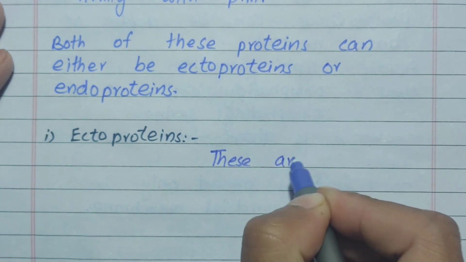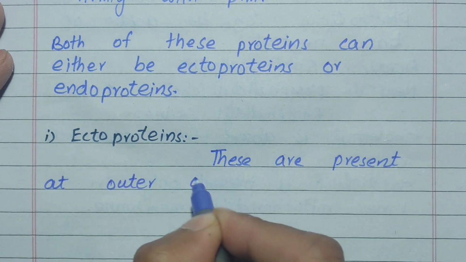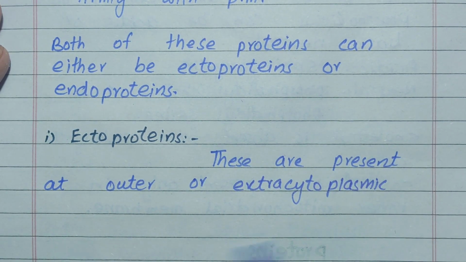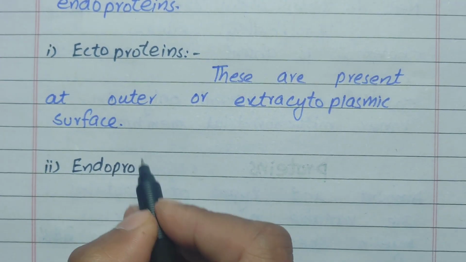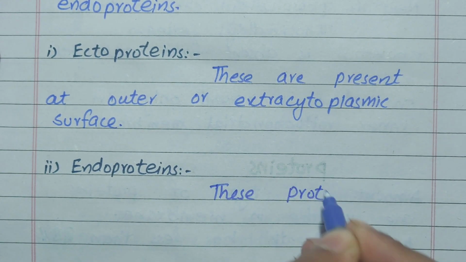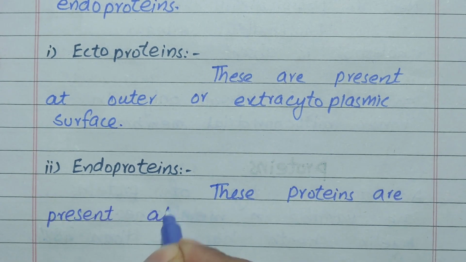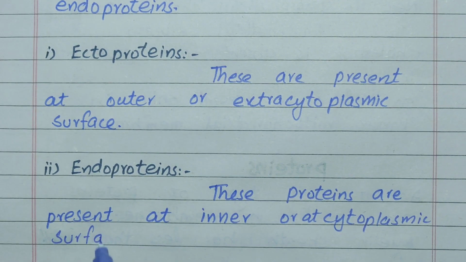These are present at outer or at extracytoplasmic surface. Endoproteins. These proteins are present at inner or at cytoplasmic surface.